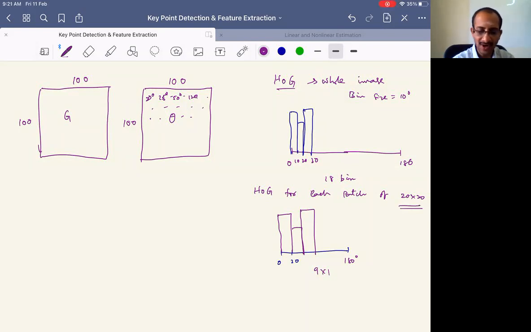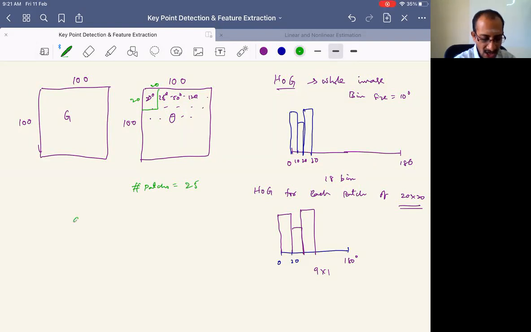So how many 20 cross 20 patches will there be in this image? The total number of patches is 25, right? Five on this side, five on this side. So 25 patches.